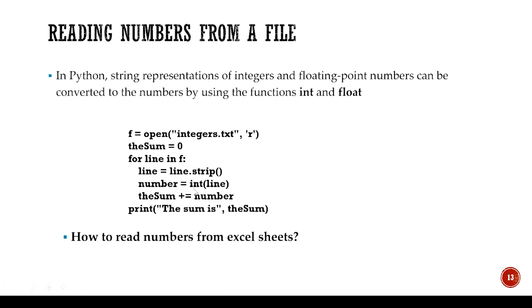I make them integer because if I want to add them up, they should be numbers. I cannot add up strings. So I change the data structure to int, and then I add them up here with augmented assignment, and eventually print the summation.